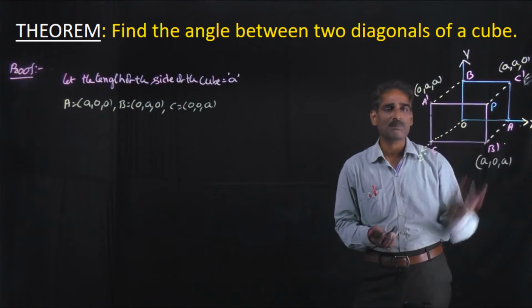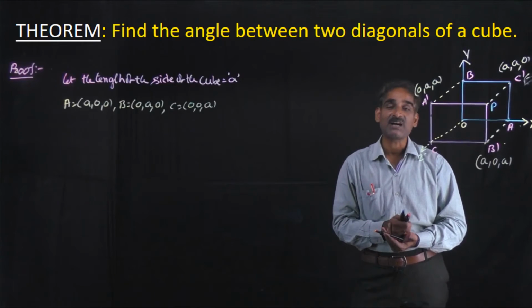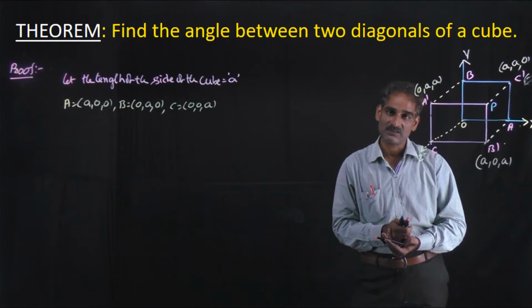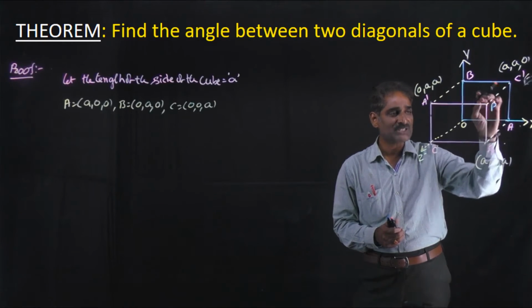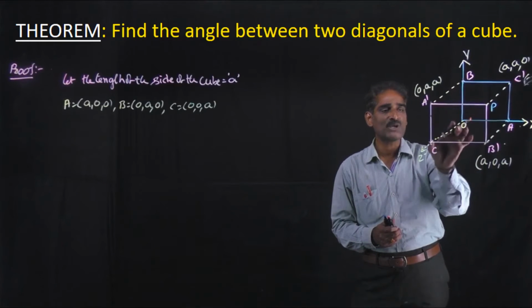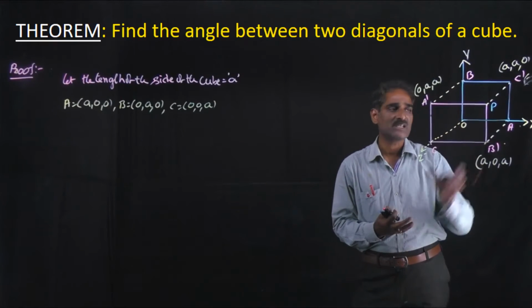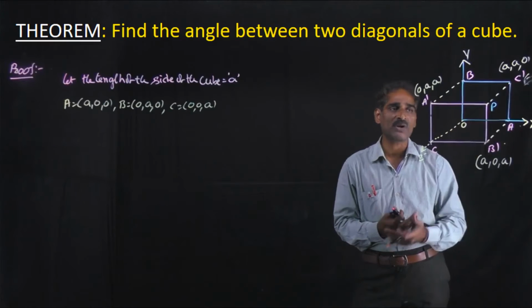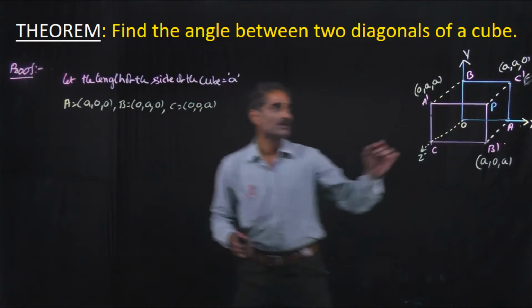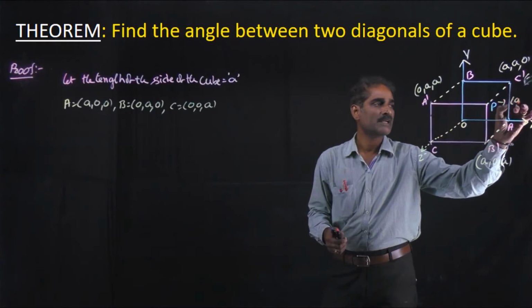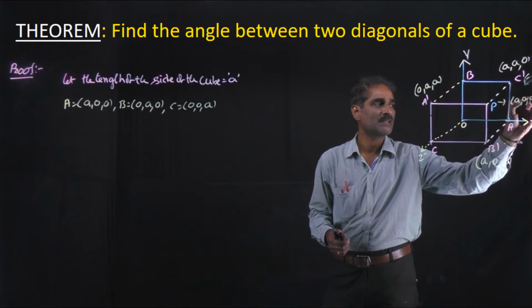Now the coordinates of P are a, a, a. Understand? Because P covers OA, OB, OC on the x, y, z axes, these lengths are nothing but the coordinates of the point. These lengths are equal to a. Therefore, the coordinates of point P are a, a, a.